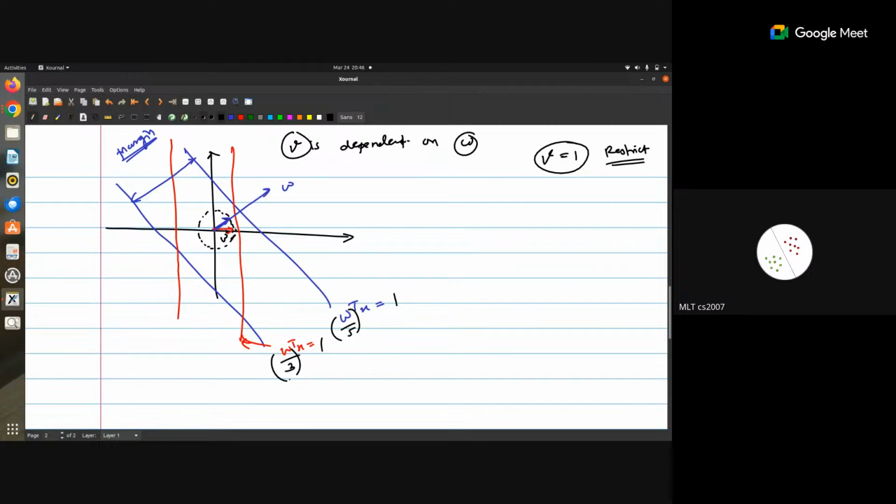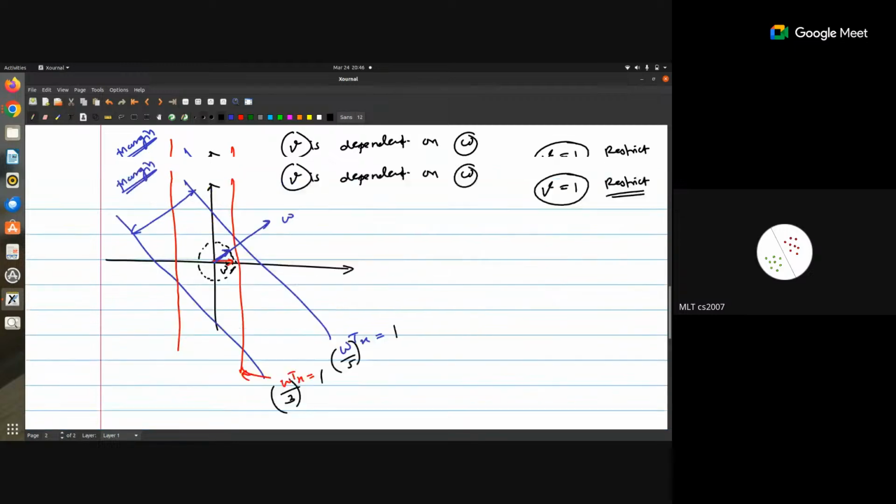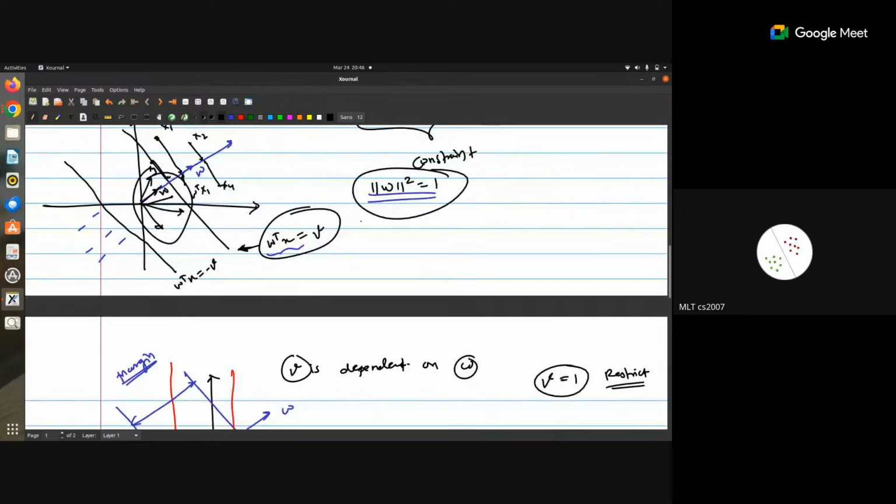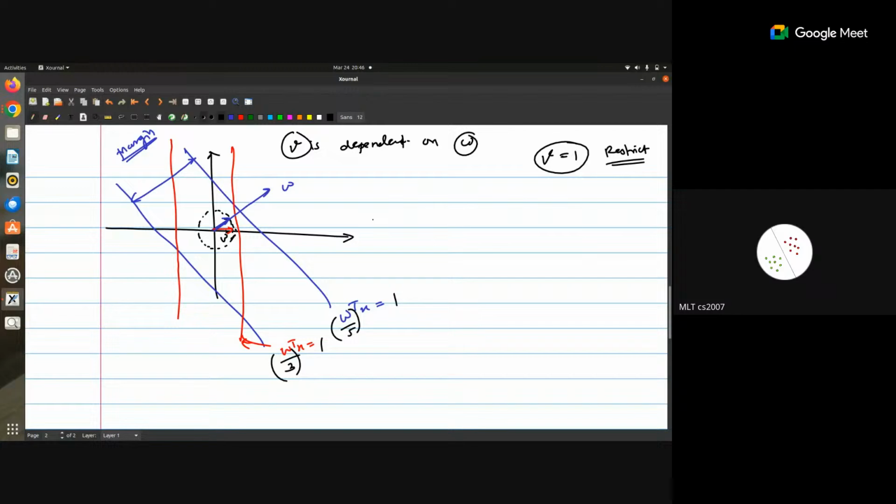Initially, to reduce that problem of getting 2W, 3W and so on, we said we should put some condition on W, that it should be in an enclosed circle. Now, instead of that, we say that the margin length should be restricted to 1.